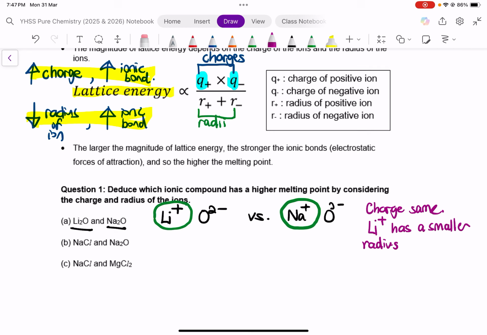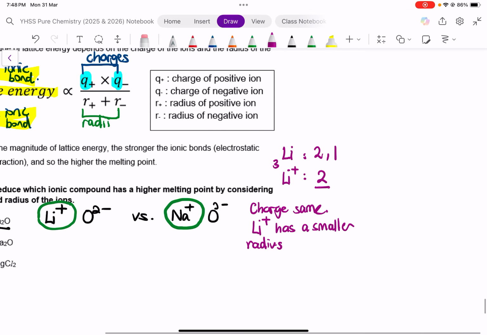How do we deduce this? We look at the periodic table. Li plus has an electronic configuration of 2. We know this because lithium is 2, 1. It loses 1 electron. Therefore, Li plus has an electronic configuration of just 2. This means that Li plus only has the first shell.